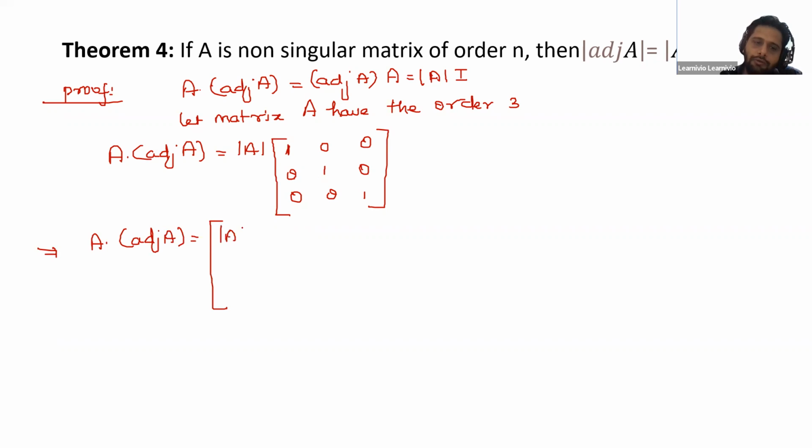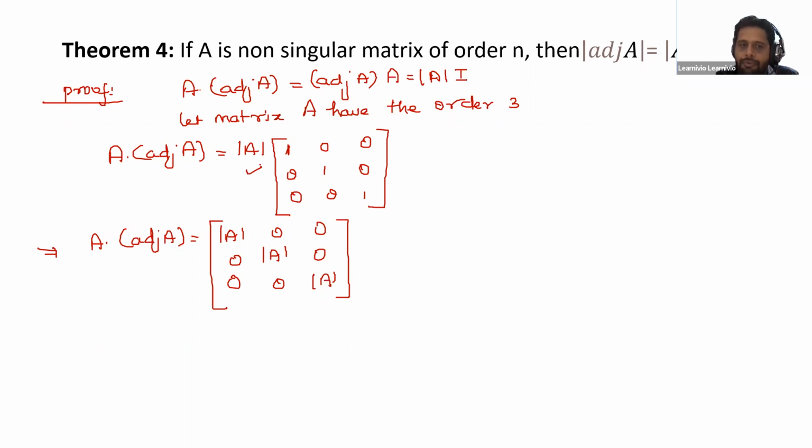So you will get determinant of A 0 0, 0 determinant of A 0, 0 0 determinant of A. Okay, please remember this property. If you are multiplying any scalar with a matrix, all the elements will get multiplied with that.